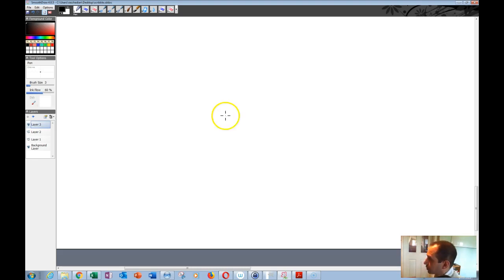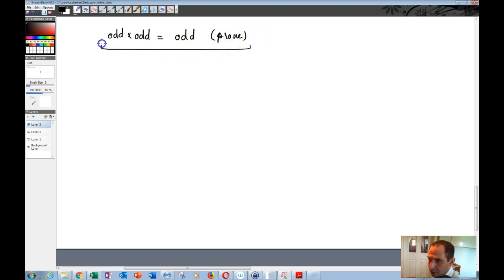For example, if you prove that the product of two odd numbers is always odd, meaning that an odd number times an odd number is always going to give you an odd number, if you prove this one, this is a general case.